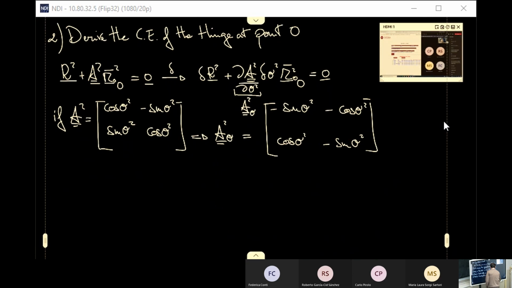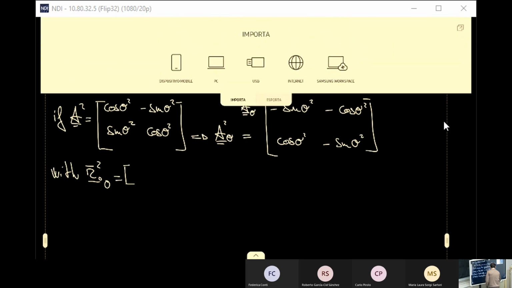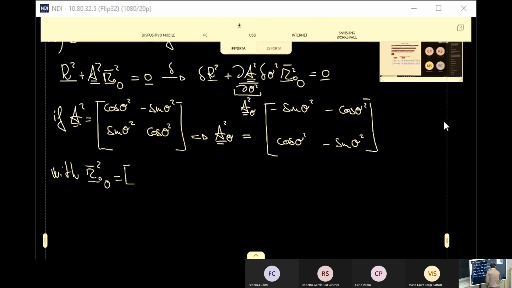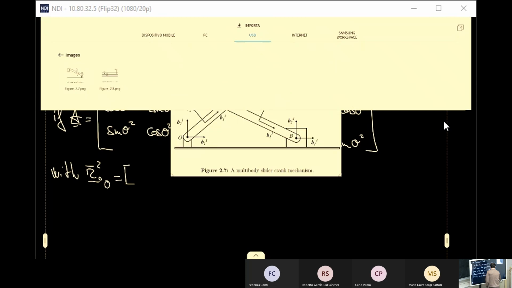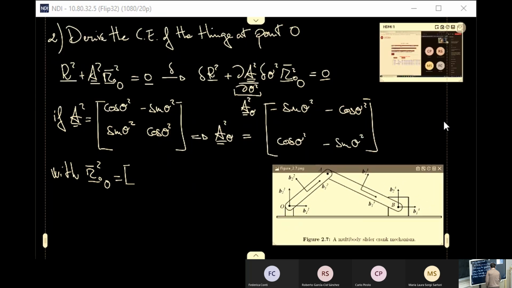So if you do the end, R0, 2 of point O, let's put again this picture here. So you see where I am at with the second frame.